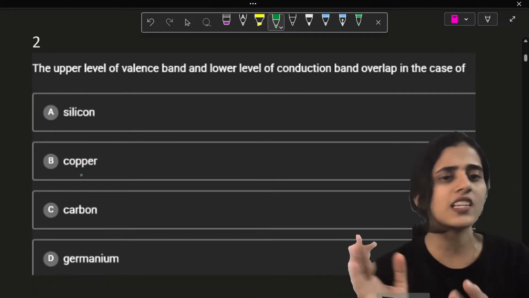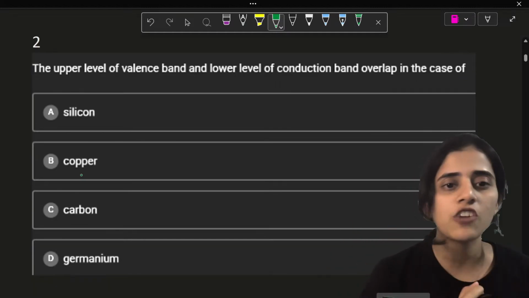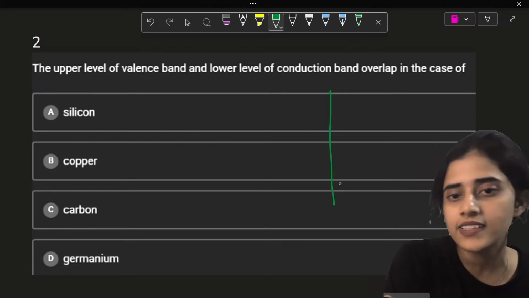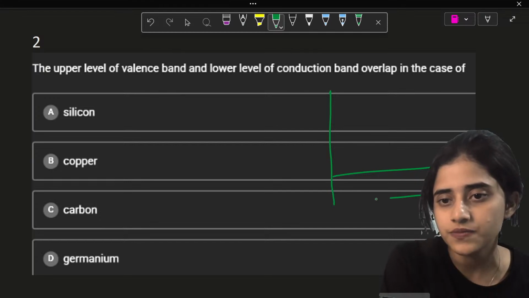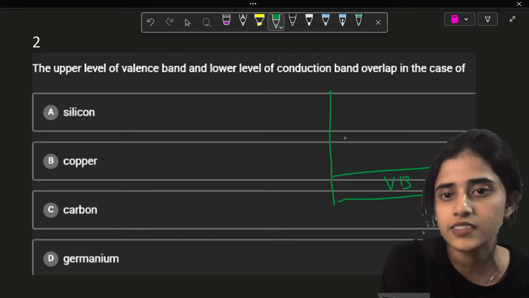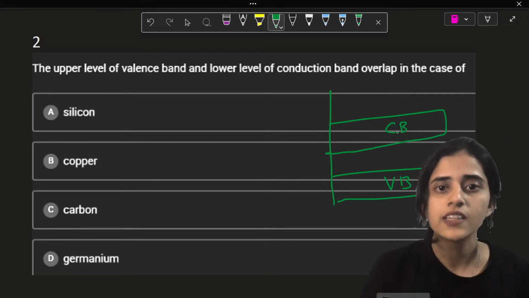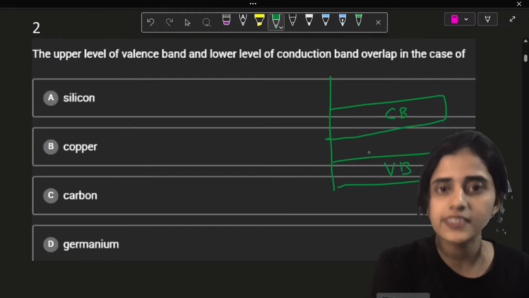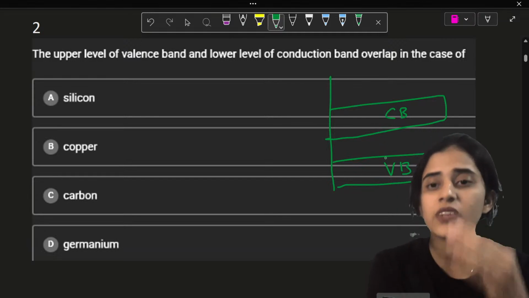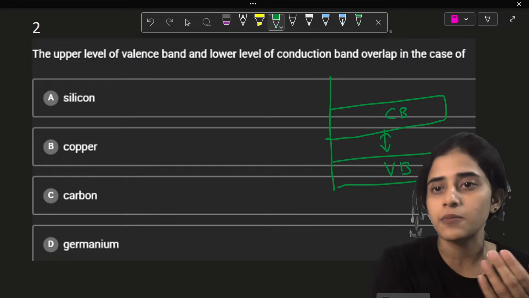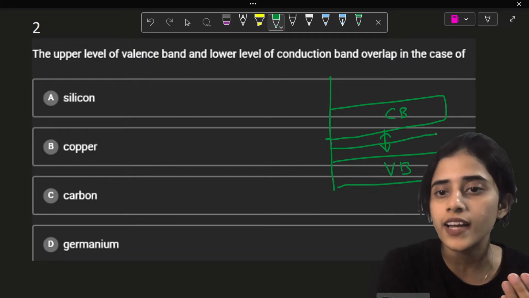This one also you can easily solve. The upper level of valence band and lower level of conduction band. Let's say this is the valence band and this is the conduction band. The upper level of valence band and the lower level of conduction band overlap in the case of... that means there is no gap here. They will overlap.